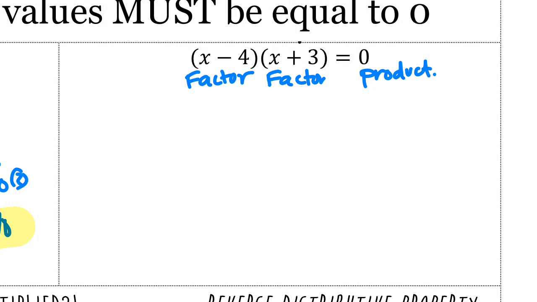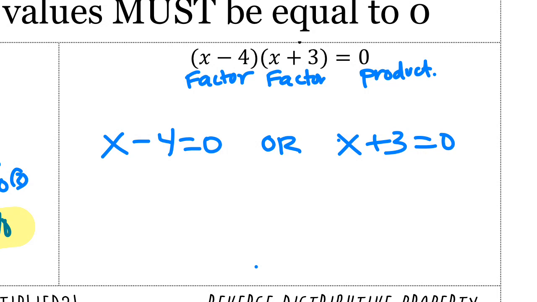If you have some factors and their product is 0, then you should use the zero product property, which says that if you're multiplying two things and it equals 0, then one of those things has to equal 0. So in order to figure out which one it is, we take both of them, x minus 4 equal to 0, there's one factor equal to 0, and x plus 3 equal to 0. We set both of the factors equal to 0.